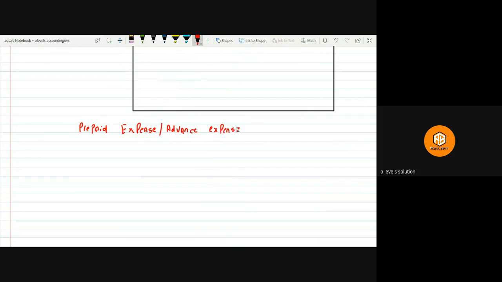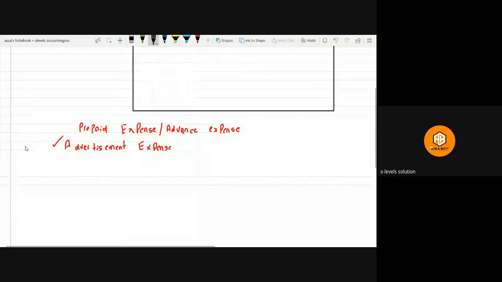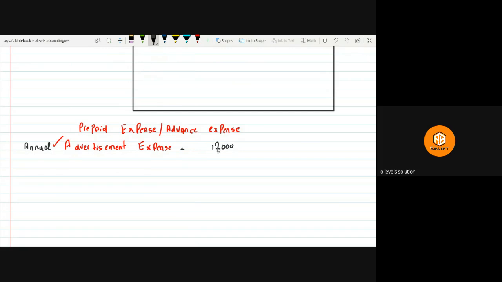Now, what does it mean? For example, let's take the example of advertisement expense. Your annual advertisement expense, meaning yearly, is equal to, let's say, $12,000.